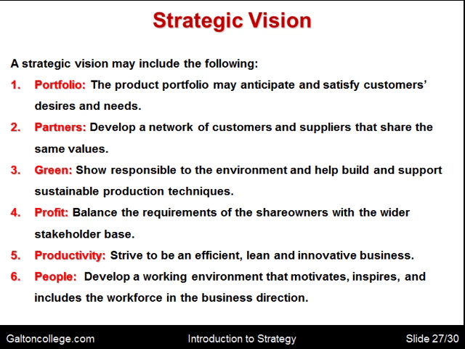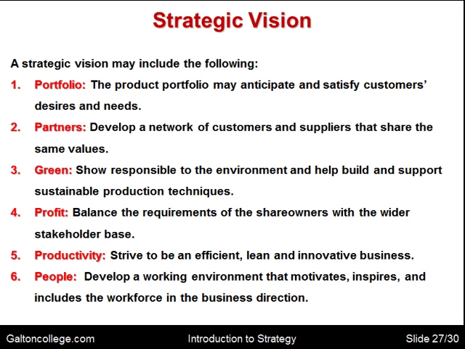And the people who work there are not machines. They need to be motivated, they need to be involved, they need to be inspired, they need to want to look forward to going to work. And they need to know about the business direction and be involved in the business. So the strategic vision includes these 6 components, and it must incorporate these 6 components to be a good strategic vision.